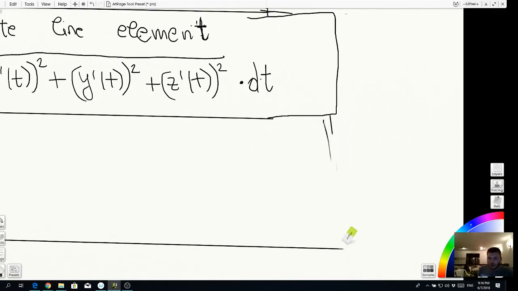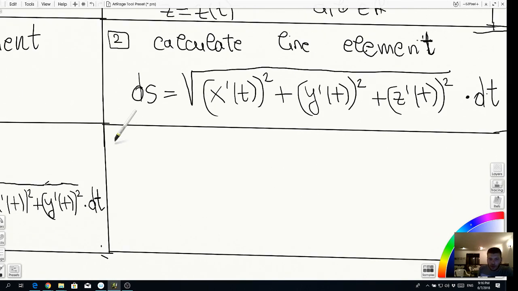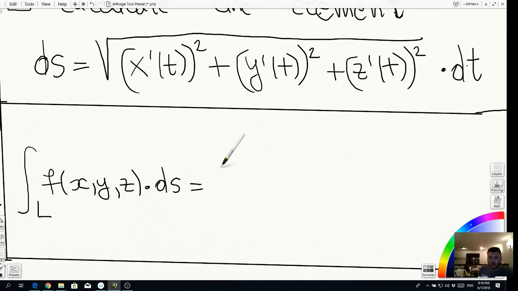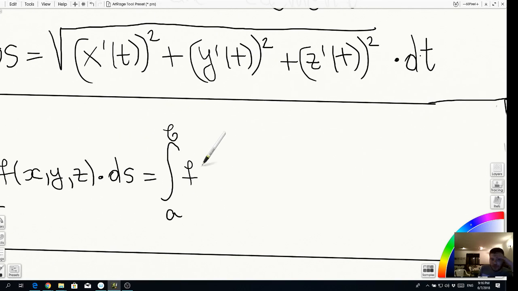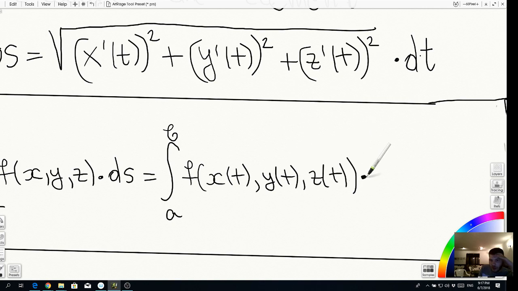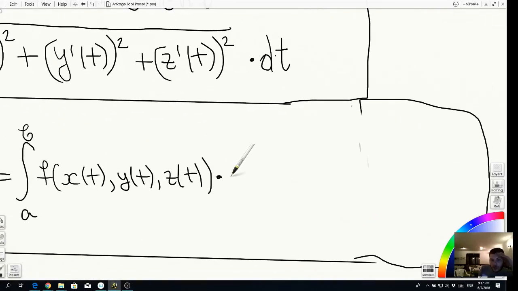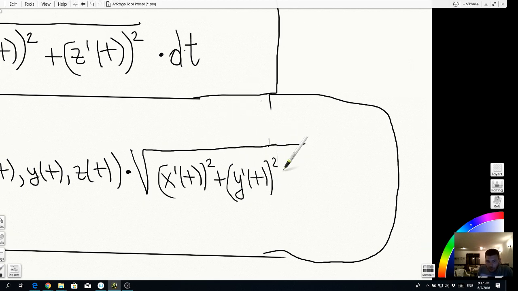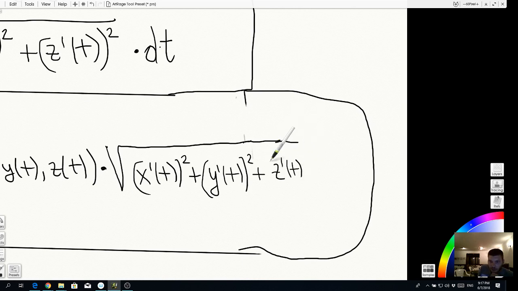Integral over curve L of f times ds is equal to ordinary integral from a to b of function f that now depends on t, times ds, square root of derivative of x squared plus derivative of y squared plus derivative of z squared times dt.